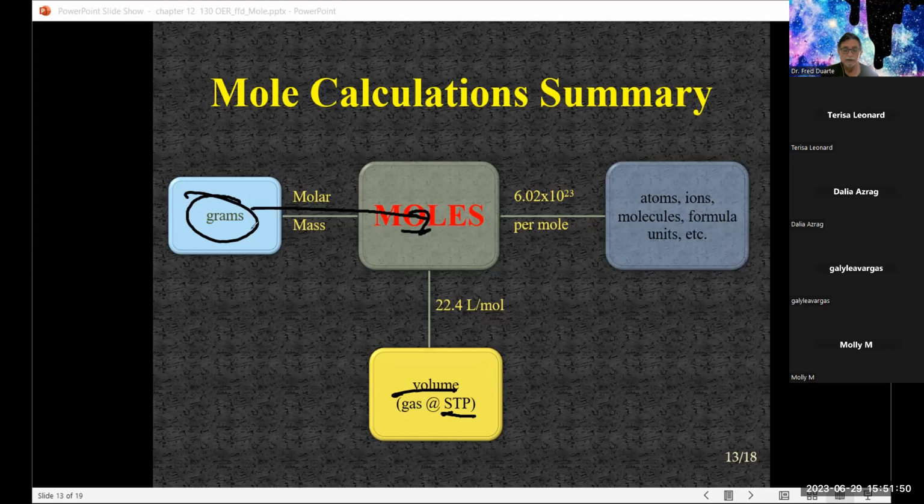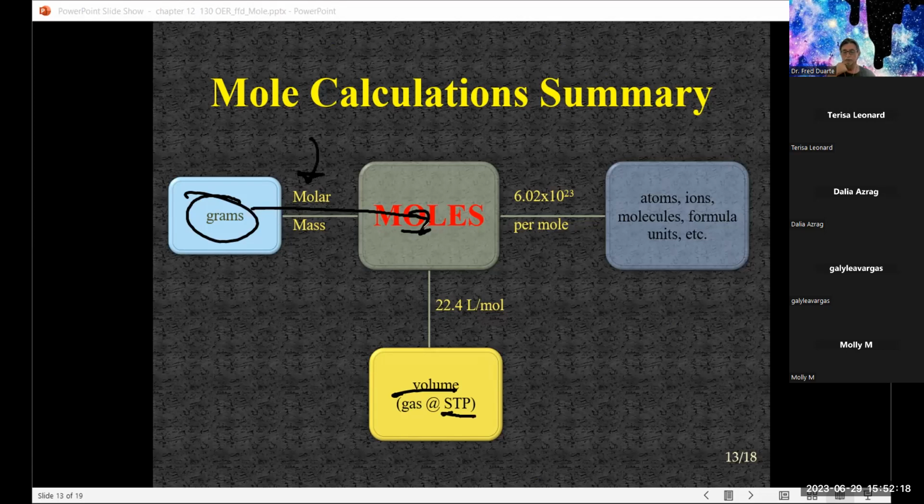To get there, you need the molar mass of whatever chemical you've been given. Sometimes the molar mass is simply the atomic weight of the material, okay, and that's it. Or you have to figure out what the formula is for that compound, and then add up all the atoms in that formula to figure out the molar mass.